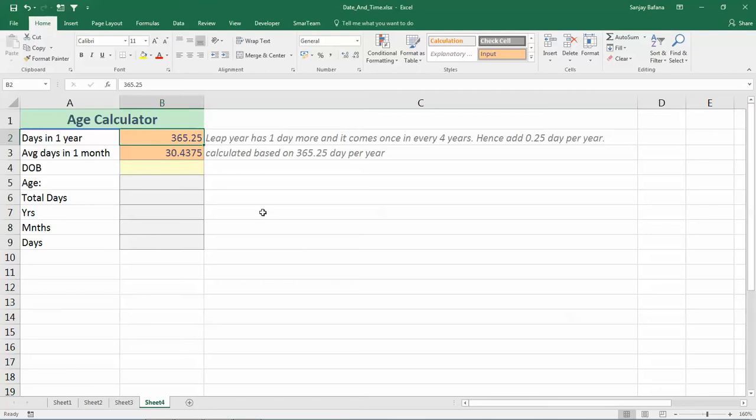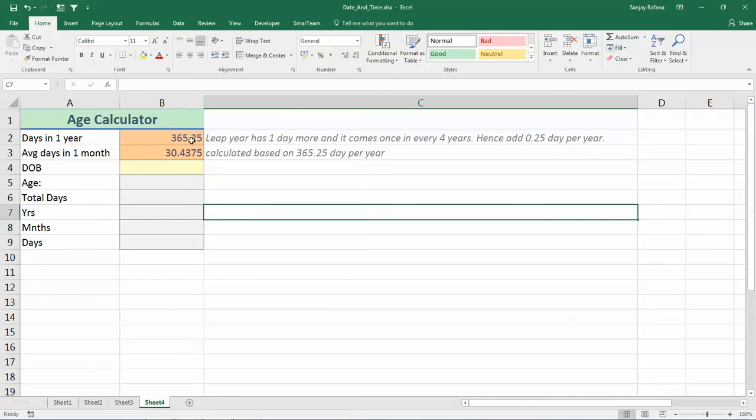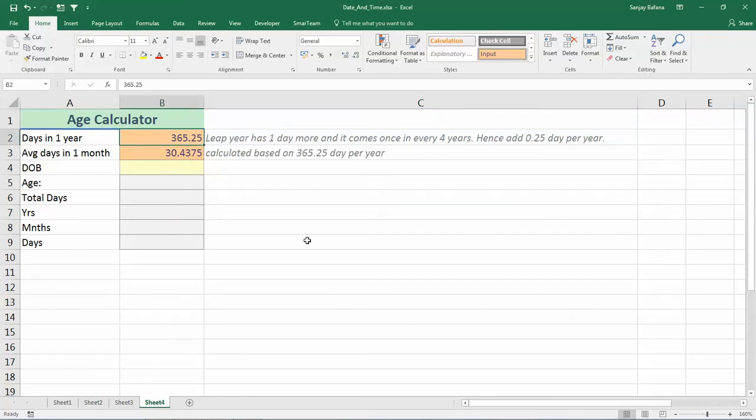Also, accordingly, I have considered 365.25 divided by 12 to give us the average number of days every month. So as we know, a few months are 30 days, a few months are 31 days. February normally 28 days, and in a leap year 29 days.